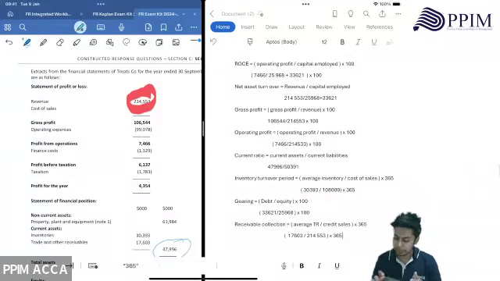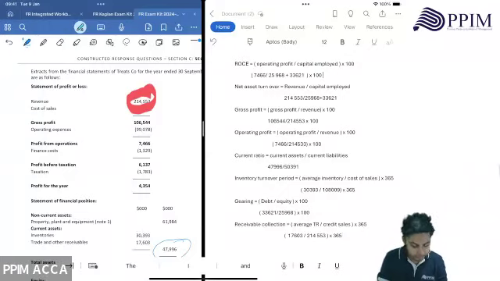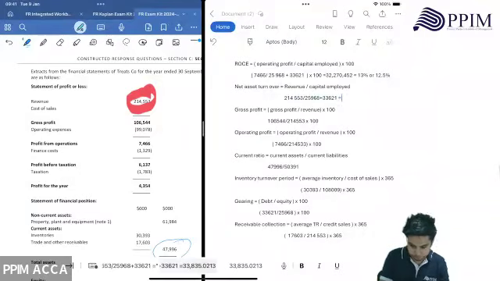Guys, is it 12.5% approximately or 13? Okay, so we'll take it as this one, guys, over here. Either you can take it as 13%, or 12.5% approximately. Both are accepted as correct answers. Okay, right.